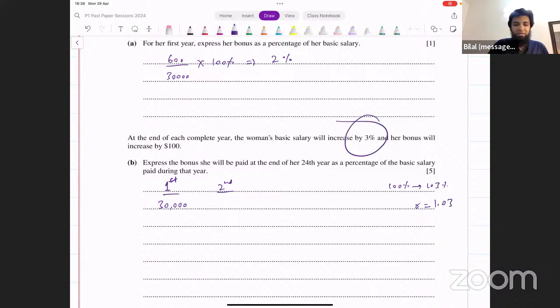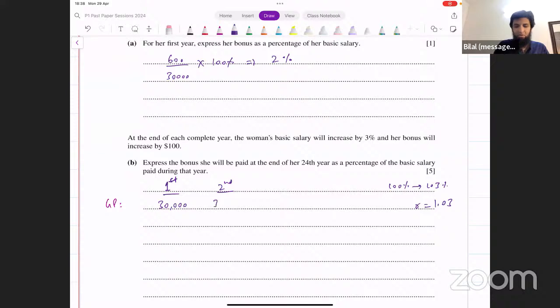Remember, percentage increase or decrease means it's a geometric progression, and the ratio of that progression, going from 100% to 103%, is 1.03. You can figure out the second term: 30,000 increased by 3% would give you 30,900 as the result.